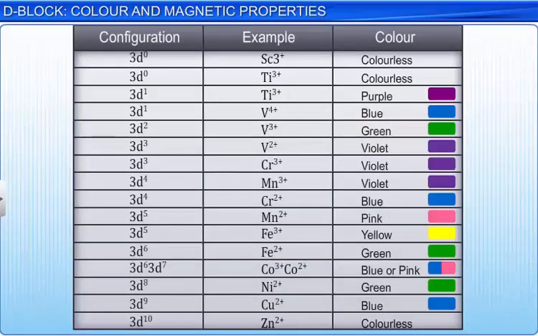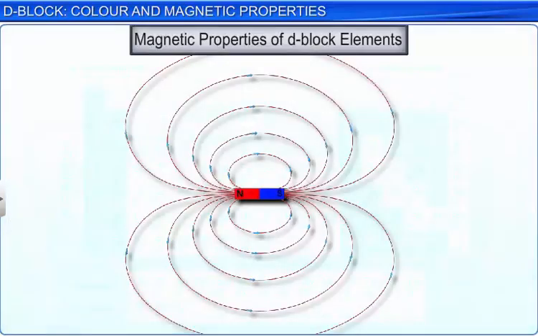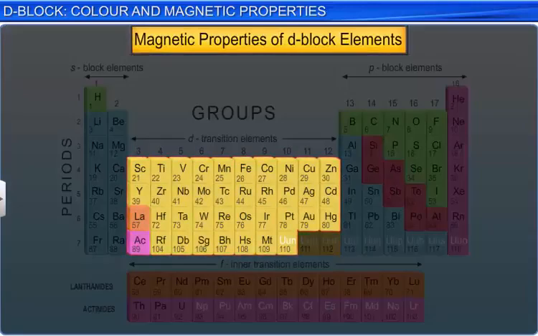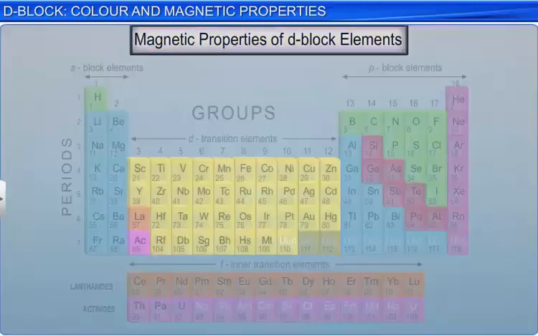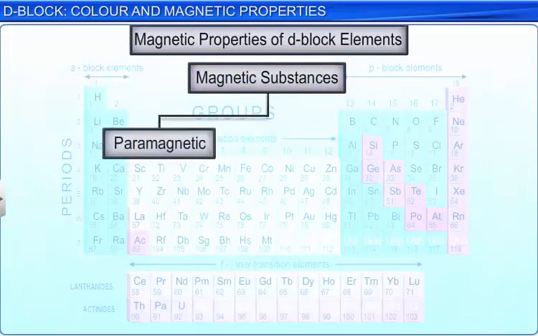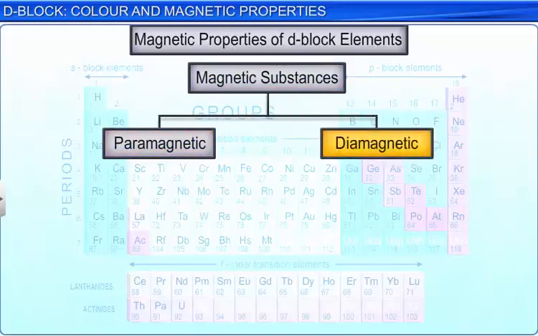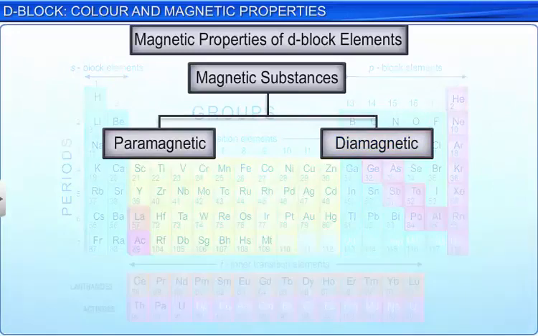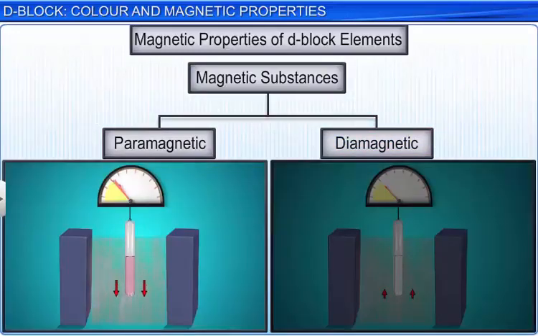Now, let us look at the magnetic properties of D-block elements. Substances, depending on their behavior in an external magnetic field, are classified into paramagnetic and diamagnetic substances. Substances that are weakly attracted to a magnetic field are called paramagnetic substances, while substances that are repelled are called diamagnetic.